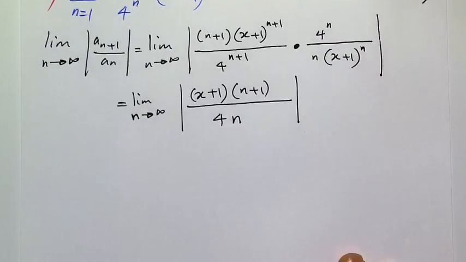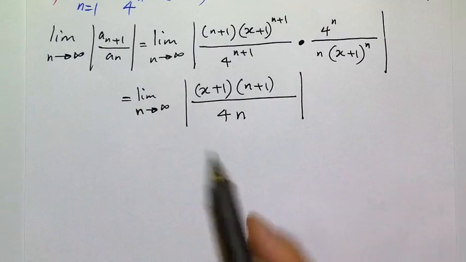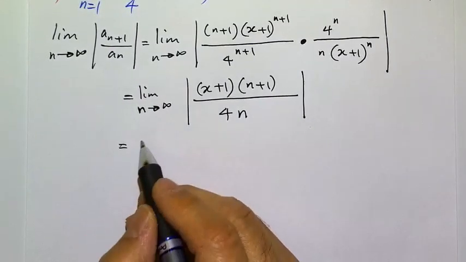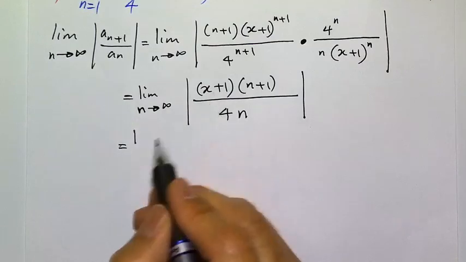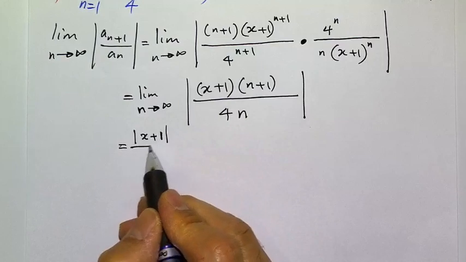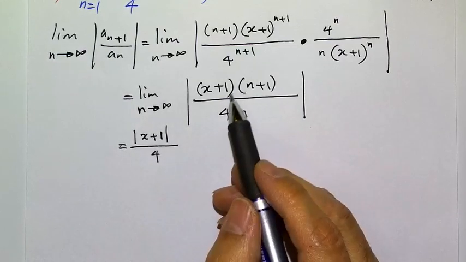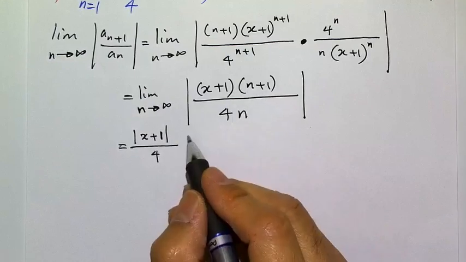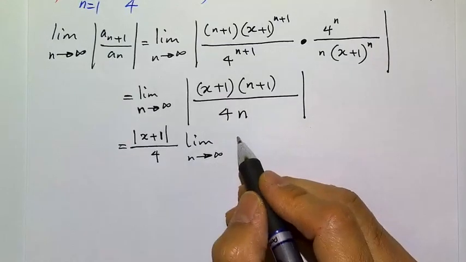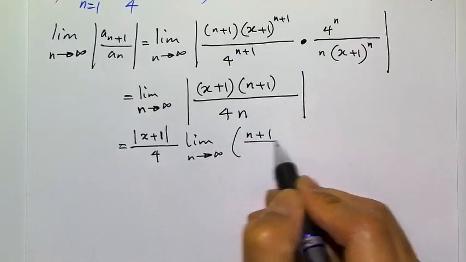Okay. Now any term that doesn't have n in it can be pulled out of the limit of this absolute value. So we can say the absolute value of x plus 1 divided by 4, and then everything else has n in it, so then times the limit as n goes to infinity of n plus 1 over n.